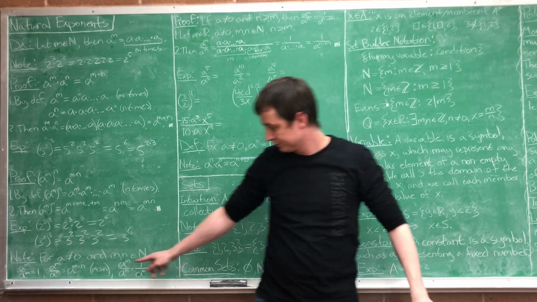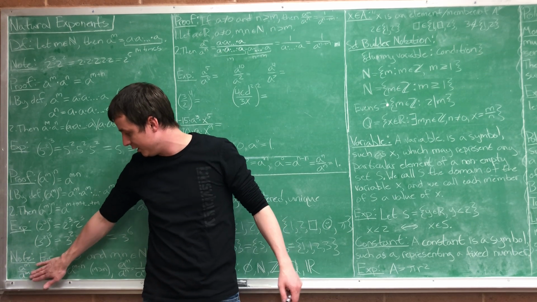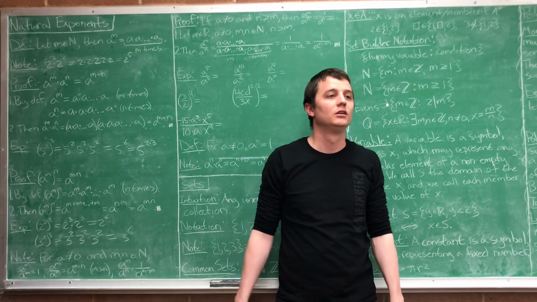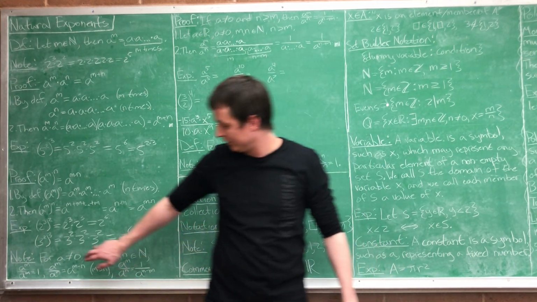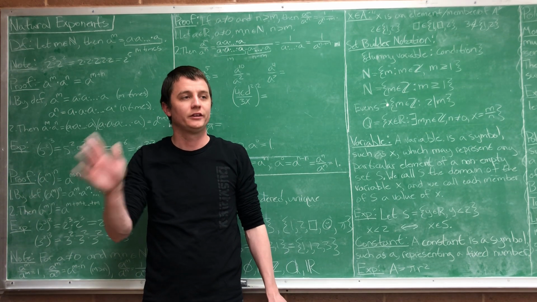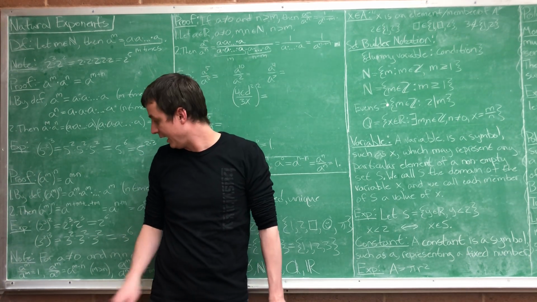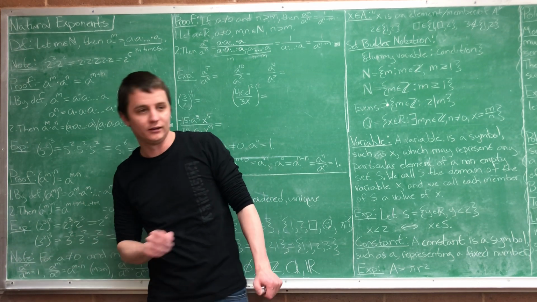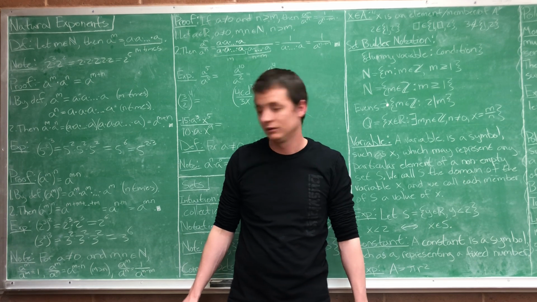First off, if a is not equal to 0, then a to the m over a to the m is going to be equal to 1. We just have a number divided by itself, and we didn't divide by 0, because a is not 0. Are those both m's? Yeah, that's an m there, that's an m there. Good with that one? Mm-hmm.